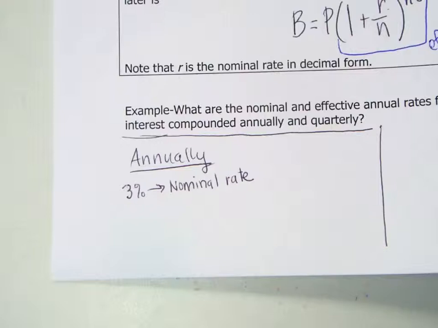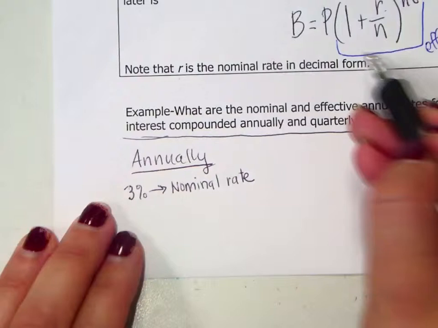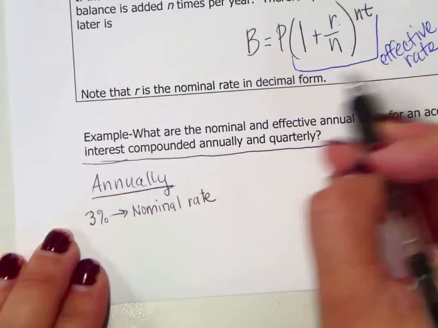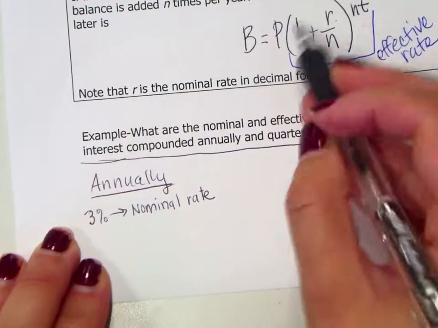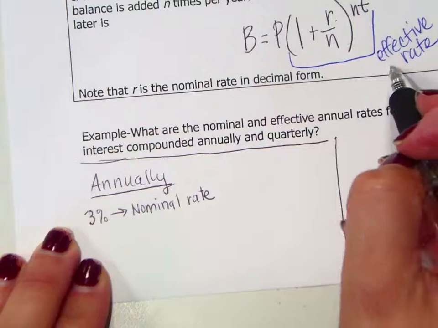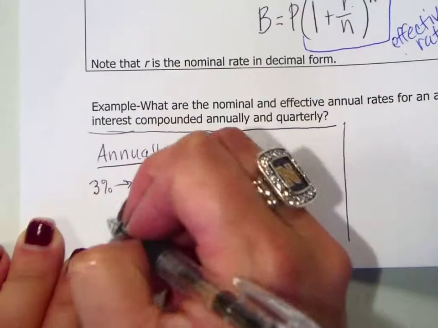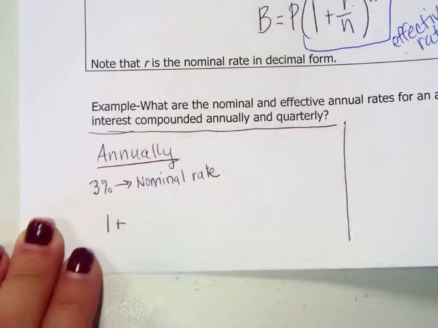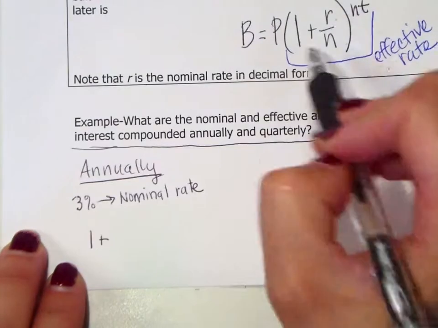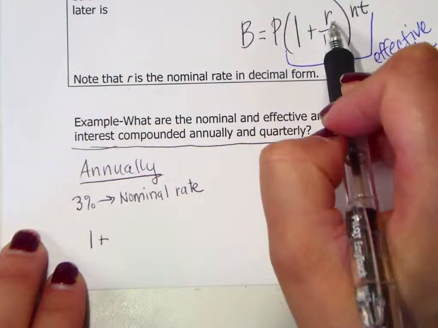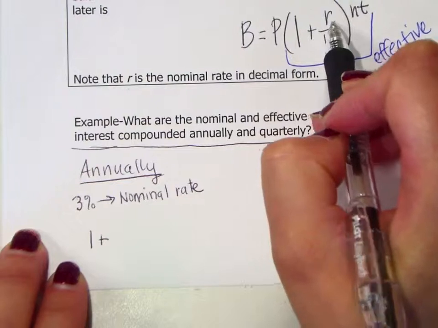All right, if we use this part of our compound interest formula, we can find the effective rate. So I'm going to take 1 plus, my R is my nominal rate in decimal form, so 0.03.